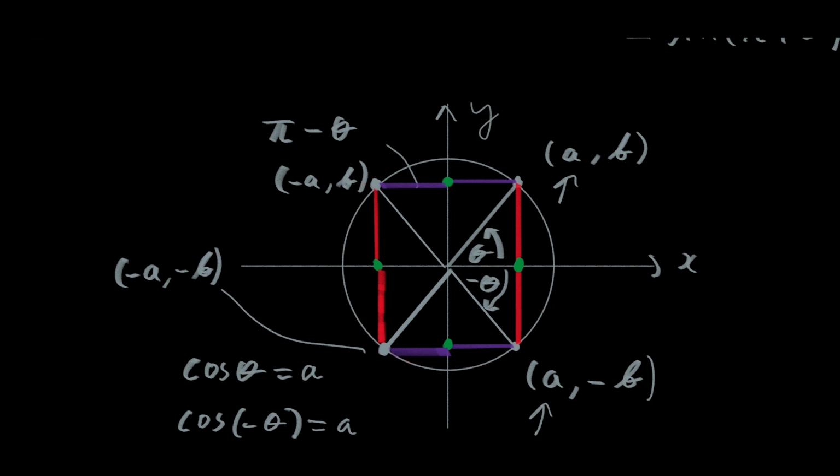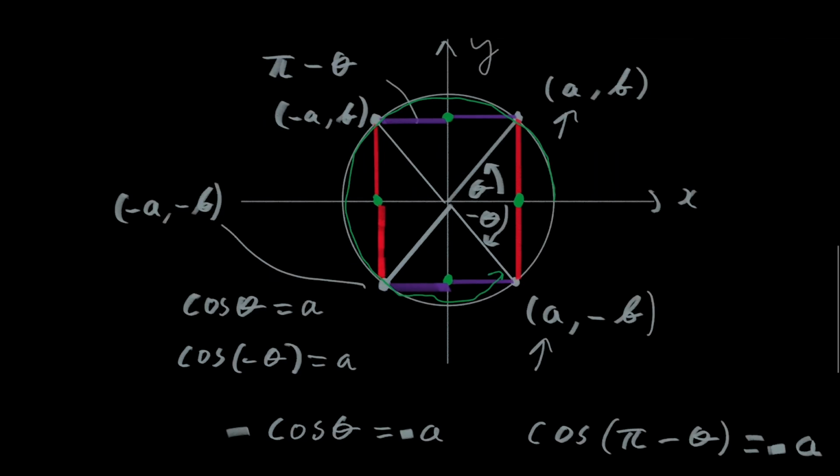So that would be this angle here, which I'm drawing in green. And we would stop here. So that would be the angle 2 pi minus theta.